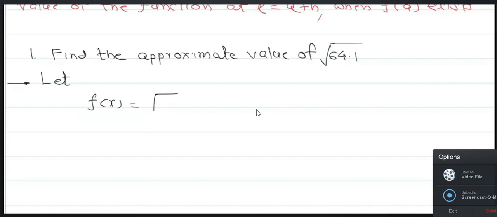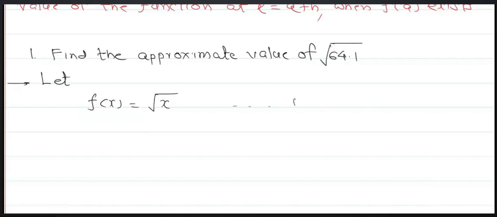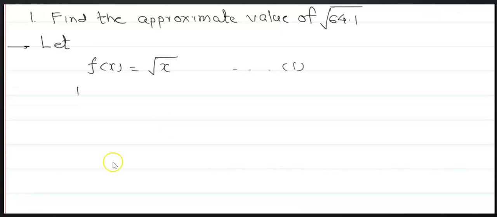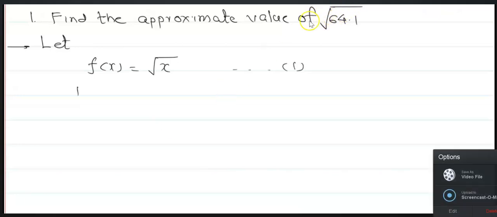We want to find out the square root of 64.1, and that's why we write what our function is. The function is a root of the quantity. Therefore, we write the function f of x is equal to root of x.